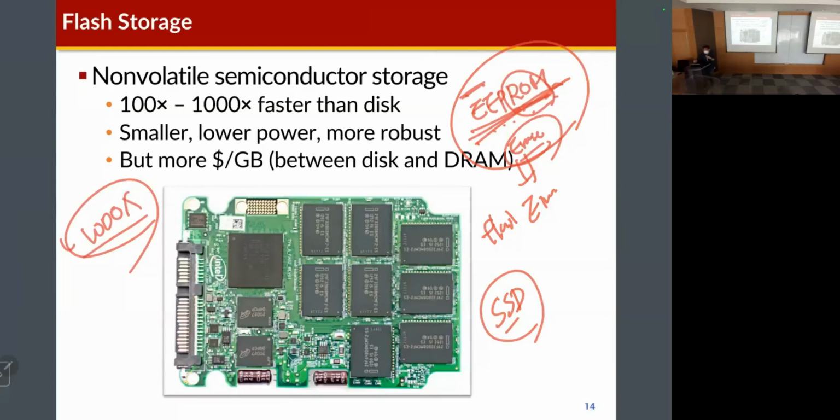But because the performance is about 100 times or 1,000 times faster than the hard disk drive, if we use this SSD, then we can increase the performance of our computer system.